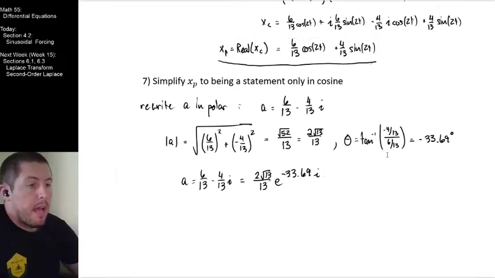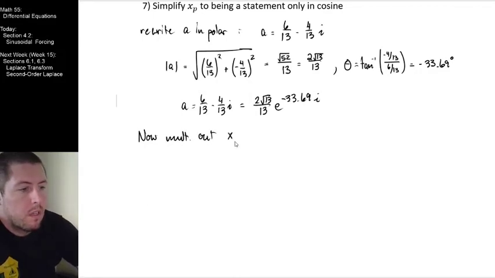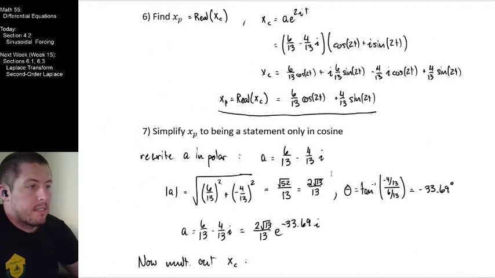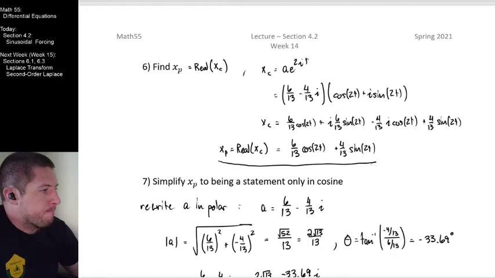Now we can multiply out that x sub c that we had right there, or excuse me, our x sub p. I guess that was our x sub c, the A e to the 2it, right?